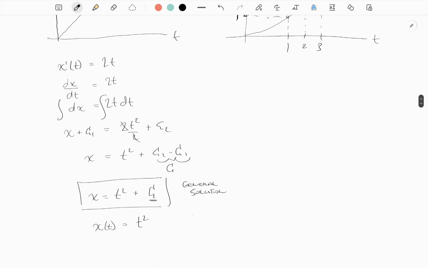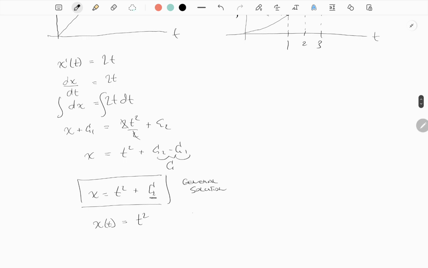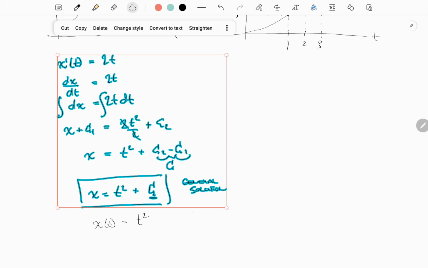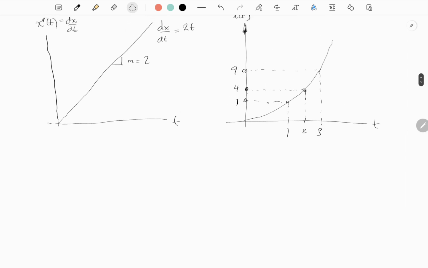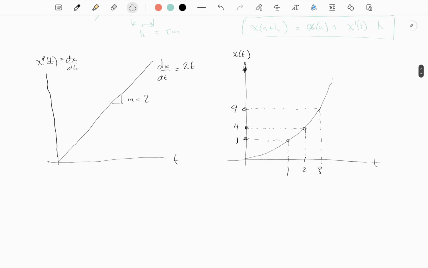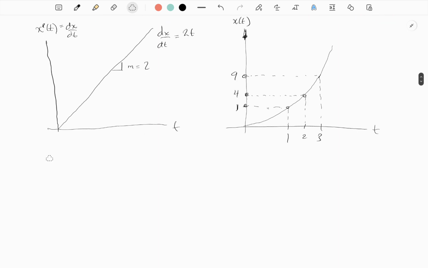So let me clear this up a little bit, so we know what we're working on. All right, so what does our algorithm give us? Well, we know x prime of t, so let's put in all of our x prime of t.